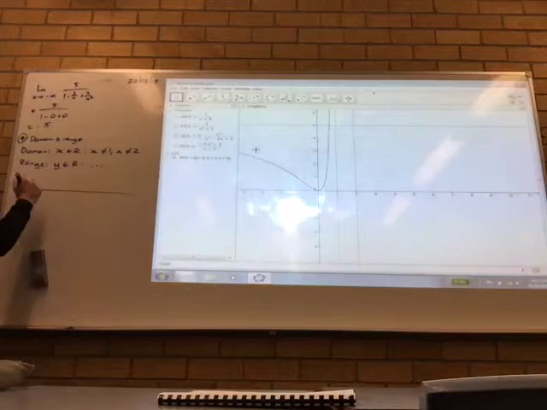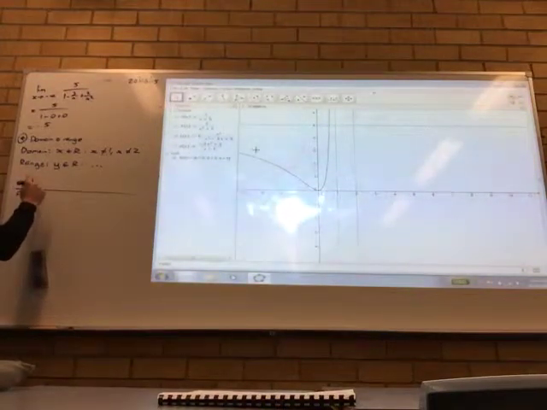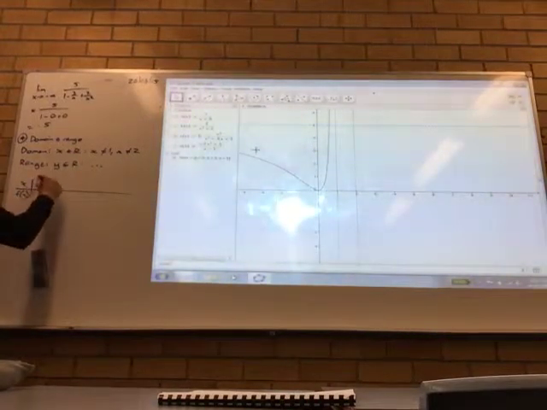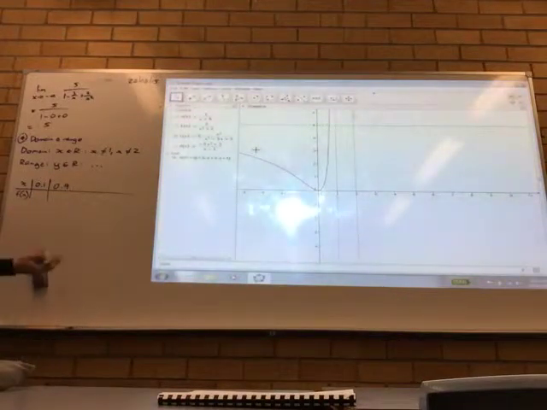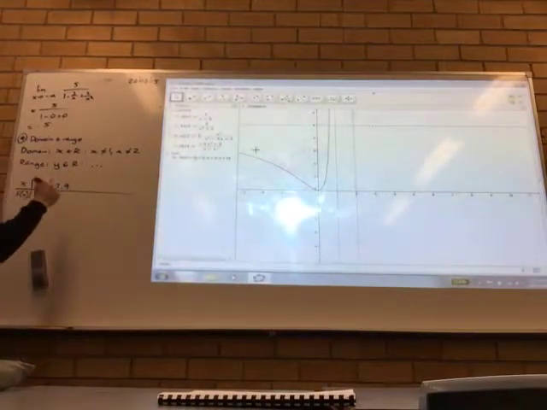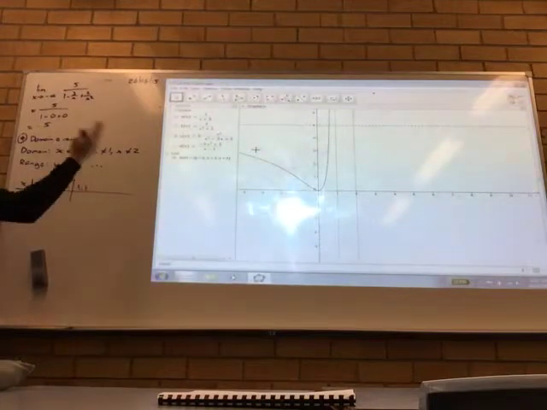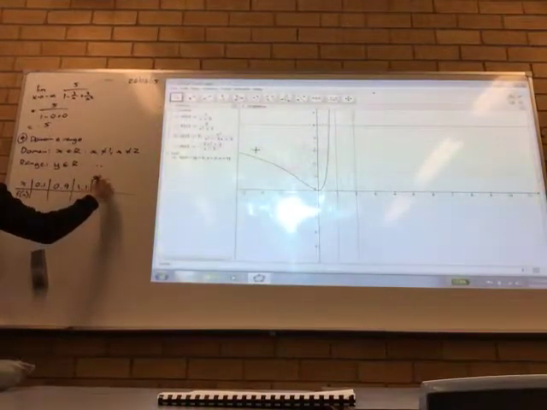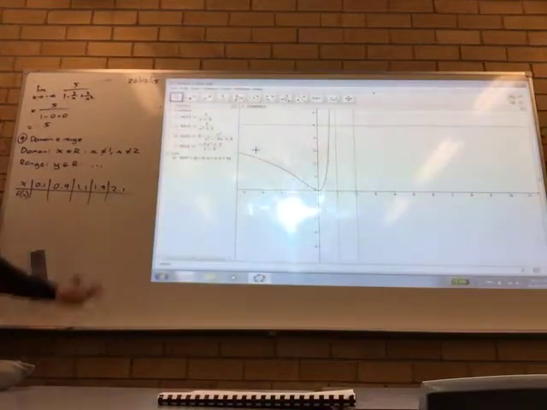So I'm going to consider what's happening at, let's say, 0.1, just to the right of the origin. 0.9, just before the asymptote. 1.1, on the other side of the asymptote. 1.9 and 2.1.